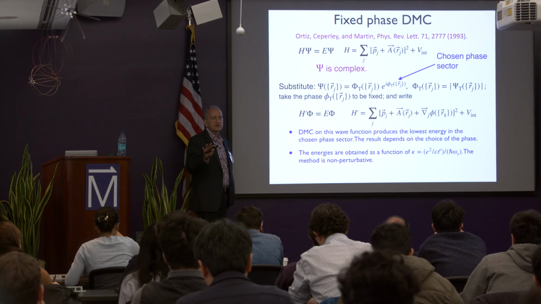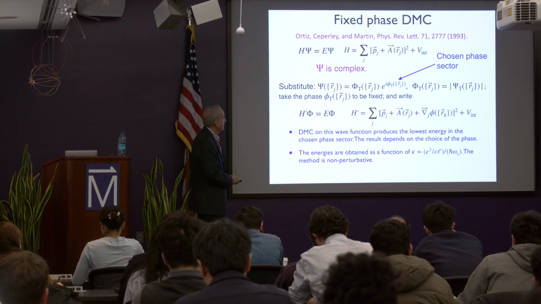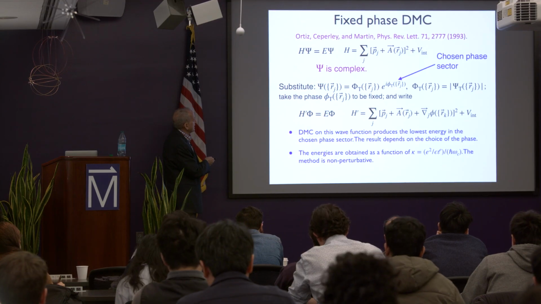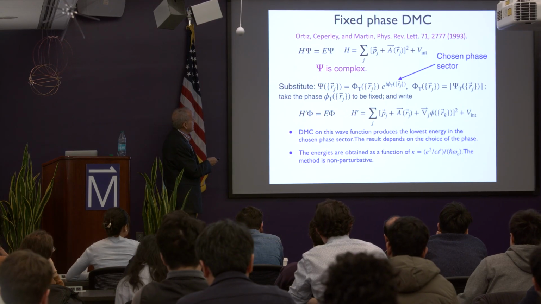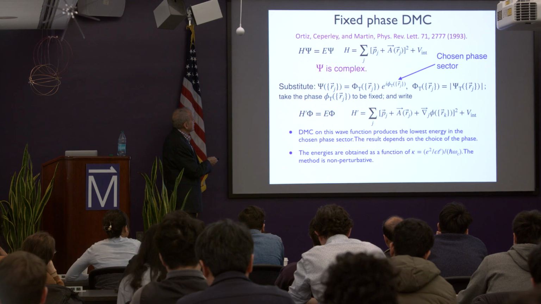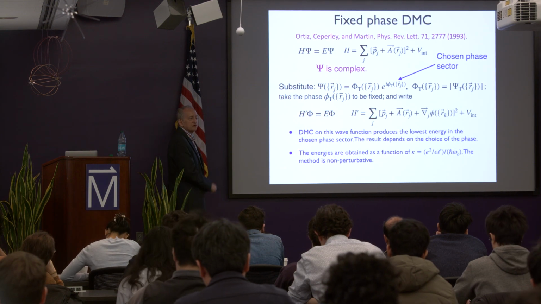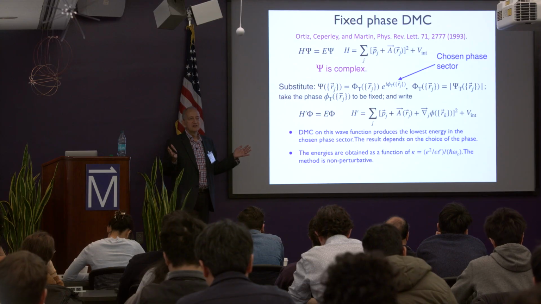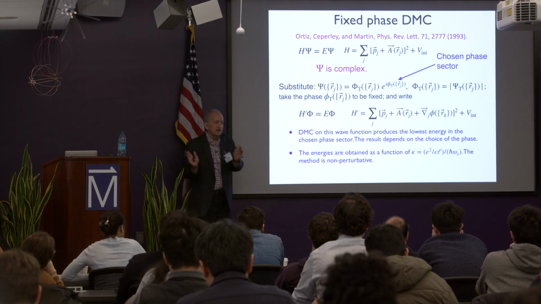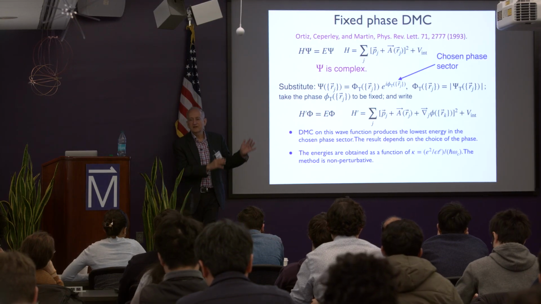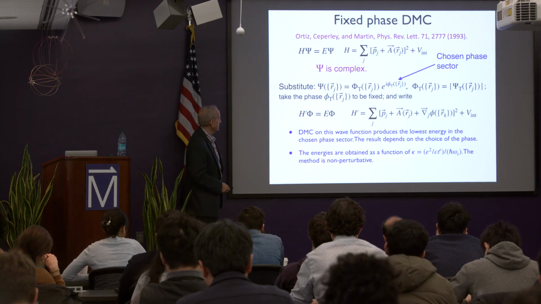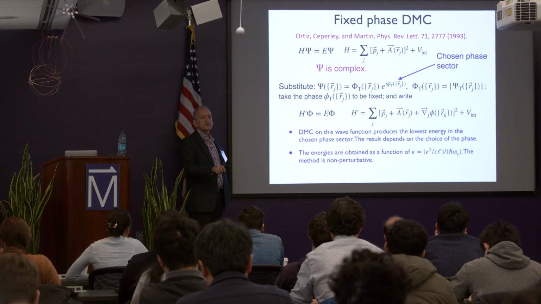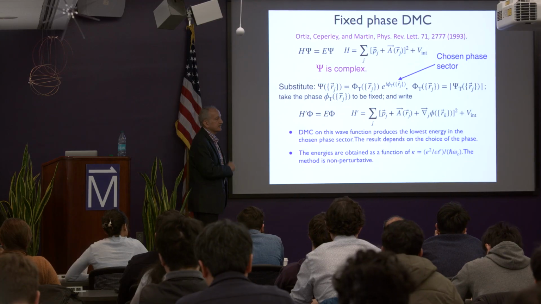So that's the origin of the term fixed phase. Then you can incorporate this phase into the Hamiltonian and write Schrodinger's equation just for the amplitude part. And the amplitude part, by definition, is real and non-negative. So now we evolve it in imaginary time, and it gives me the lowest energy state within this phase sector.